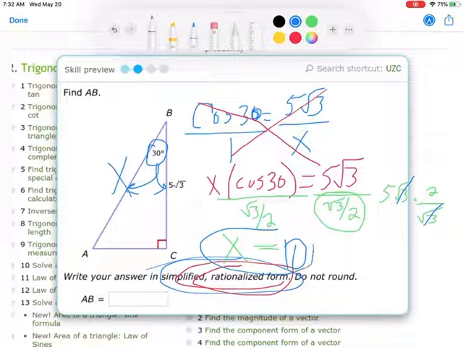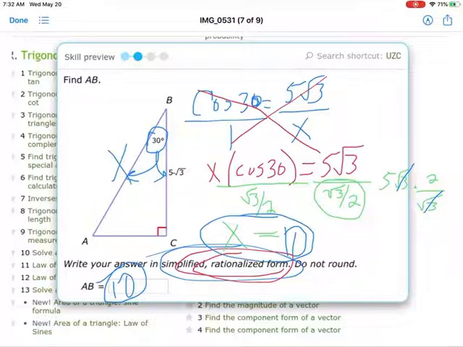AB is 10. But again, mathway.com, plug that right into the calculator. It's a great online tool. A lot of kids have been texting or emailing me, I just Zoom with them real quick, and we go to mathway.com, and it's pretty easy.